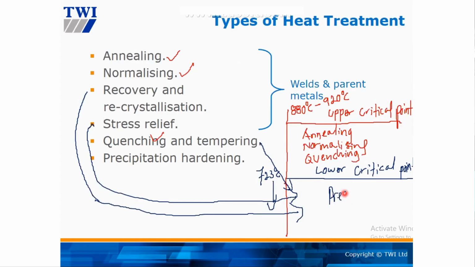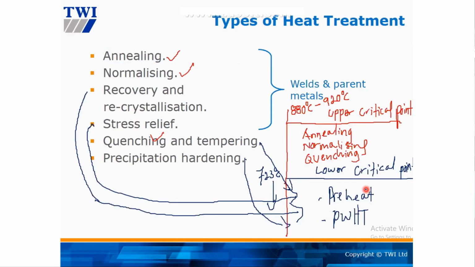Write down preheat. And also PWHT, precipitation hardening. All this must be lower critical point. Please memorize this. So remember, for this topic, heat treatment, CSWIP, we got two critical points. One is upper critical, another one is lower critical.